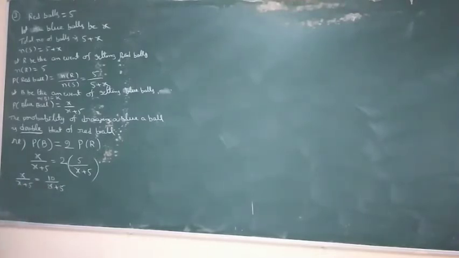Okay, x plus 5 cancels, or multiply, no problem. x is equal to 10. So the number of blue balls is 10.